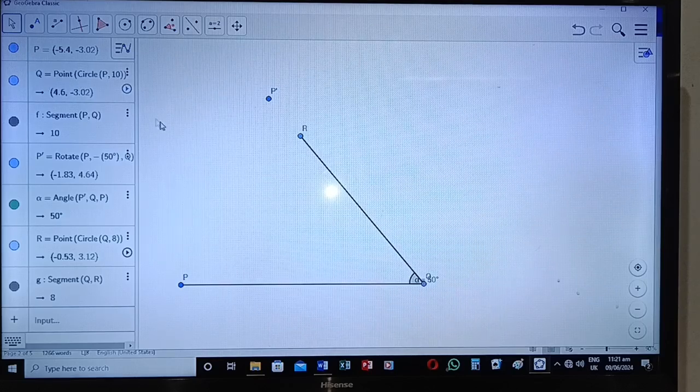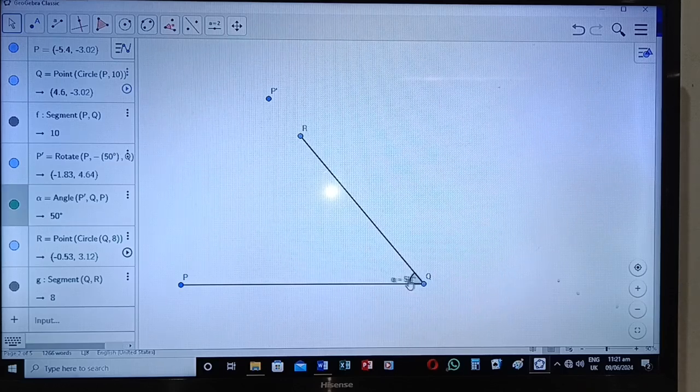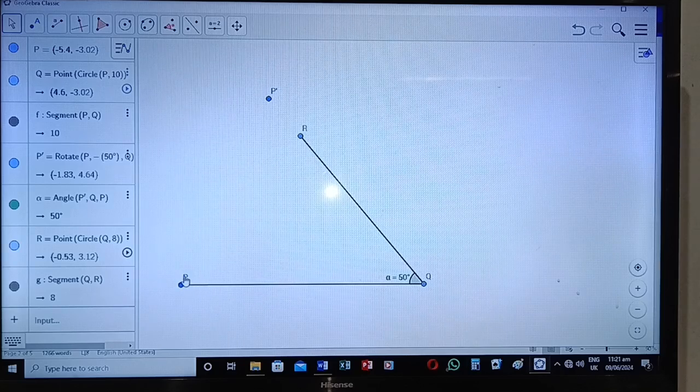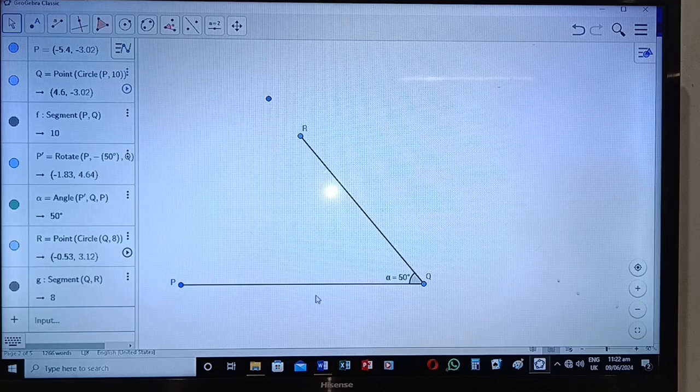You can see our angle here, 50, is not where it's supposed to be, so we can actually move it inside here. Whatever else we can move, we can also move our P to the side, and this one we do not need, so we say show label so that it disappears.